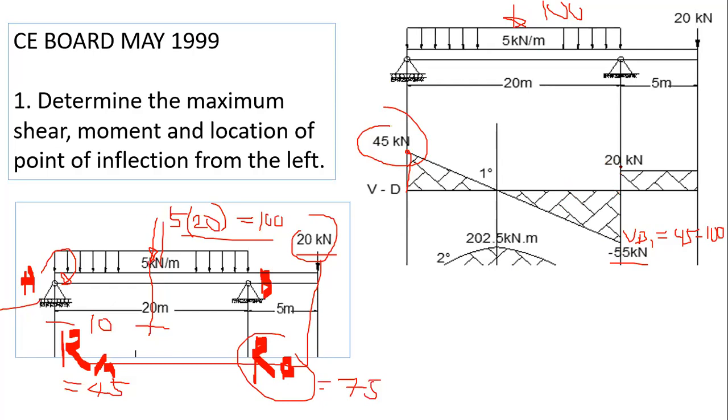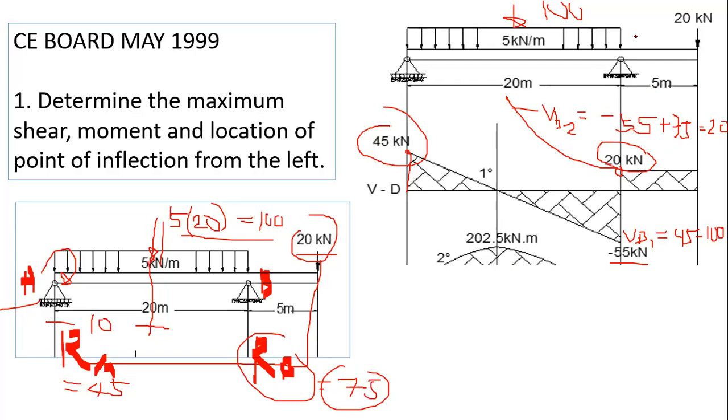For example, this one is VB2. You have negative 55 plus 75, since RB is going up and is positive. So negative 55 plus 75 becomes 20. So you have this 20 kilonewton.